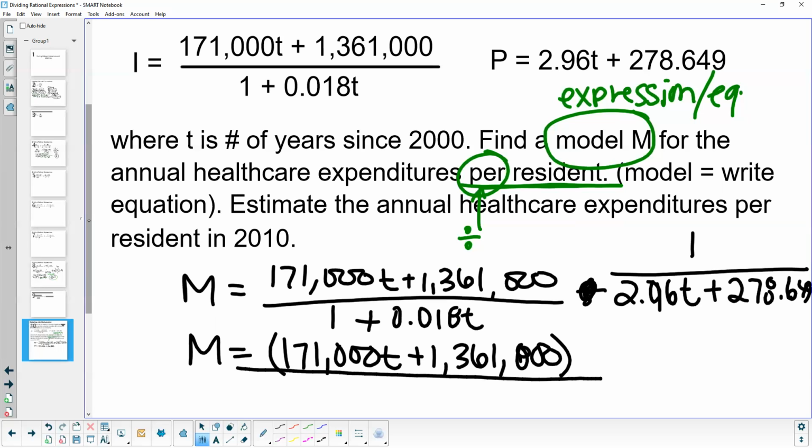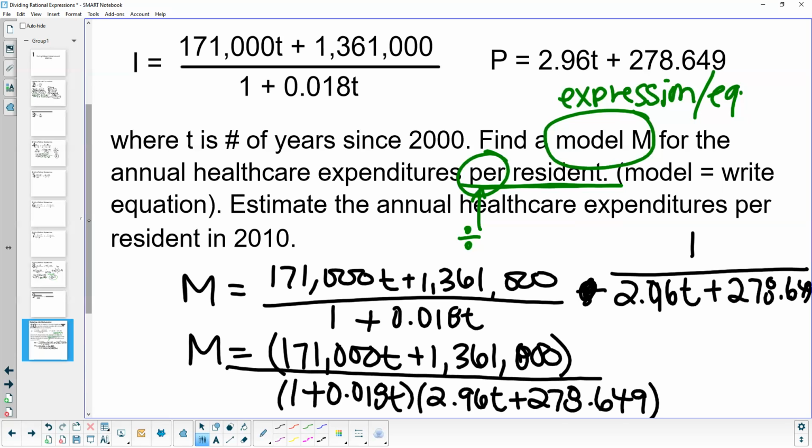So that's all going to be over 1 plus 18,000 times T times 2.96 times T plus 278.649. Okay, so there is that model. We can express it either of those two ways.